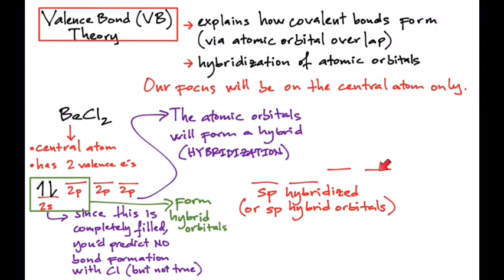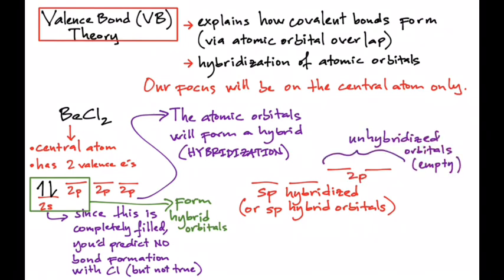You have 2 2p orbitals up here, which are higher in energy, and these 2 unhybridized orbitals are empty, so they're not occupied by any electrons. But these 2 hybridized orbitals are now occupied by a single electron. Again, we have to follow Hund's rule: before you start pairing up the electrons, make sure that you fill the orbitals singly first.